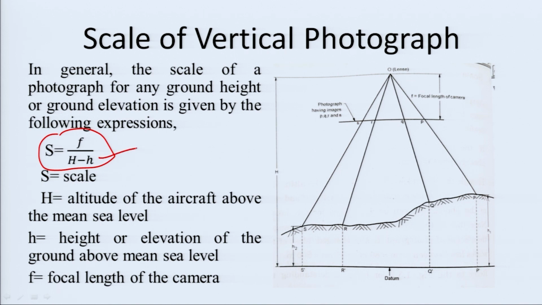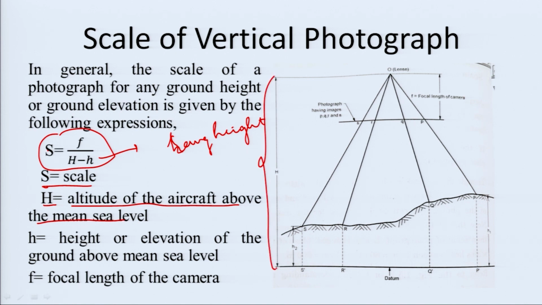Here, S is the scale, capital H is the altitude of the aircraft above the mean sea level, that is the datum, and small h represents the height or elevation of the ground above the mean sea level.